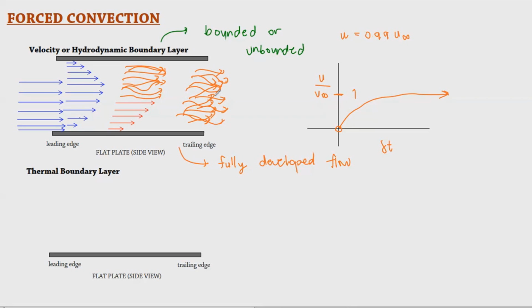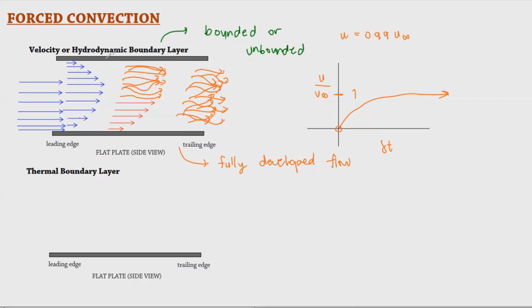When the fluid is just starting to move above the plate, the fluid would be much more stable than at the trailing edge. But remember that the velocity profile, the one I drew as something like a parabola, will also be evident at the trailing edge. Okay, so that's it for our velocity or hydrodynamic boundary layer.